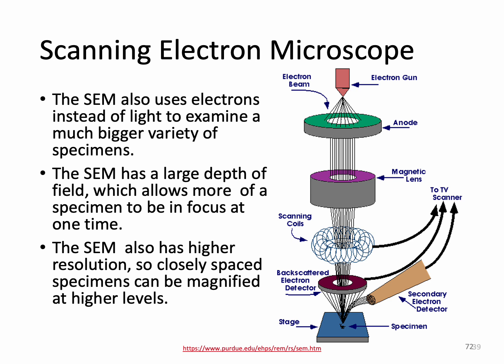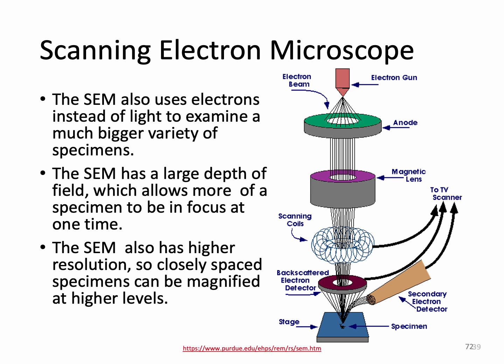On the right side of the slide, you can see the structure of a scanning electron microscope, or SEM. On the top you have the electron gun, and the electron beam coming from the gun.